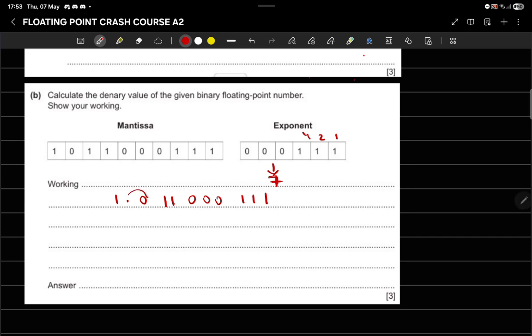So this will be 1, 2, 3, 4, 5, 6, 7. We have moved 7 places to the right.